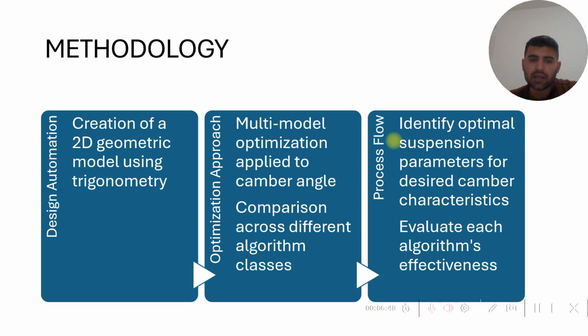Then we will apply different multimodal optimization approaches, which we will discuss in the next slide, to the camber angle, and compare the different algorithm classes. We then identify the best optimal suspension parameters for the desired camber characteristics on the basis of these optimization algorithms, and evaluate each algorithm's effectiveness.